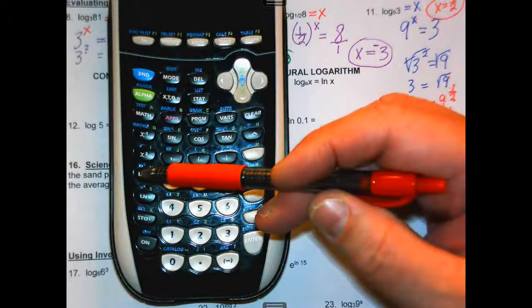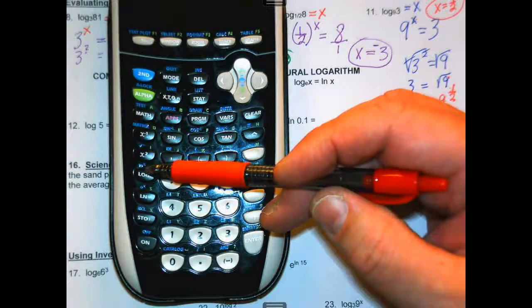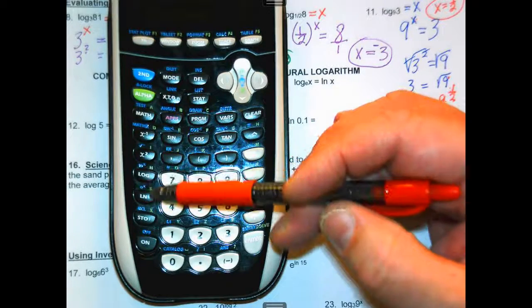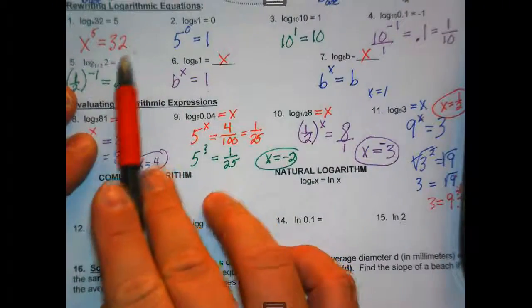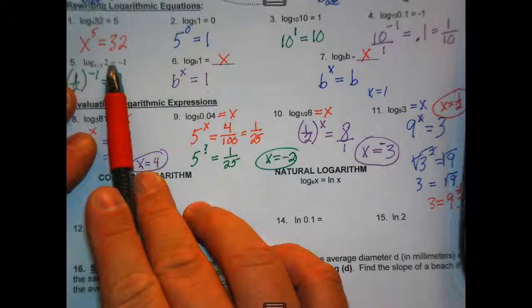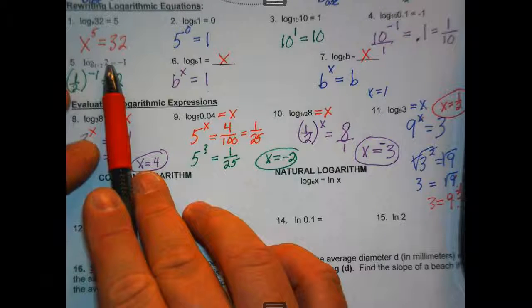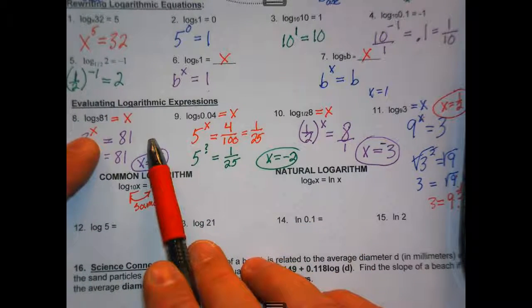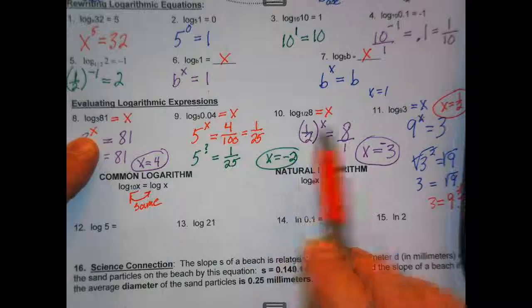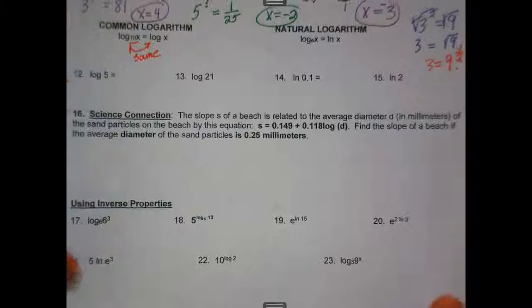So you have the common log key and you have the natural log key. Now, if you have anything else, like the ones we were doing up here, where we had log base 1/2, 2, guess what? You cannot put that in your calculators because you only have common log and natural log. So that's why I made you learn it this way. Okay, number 12.